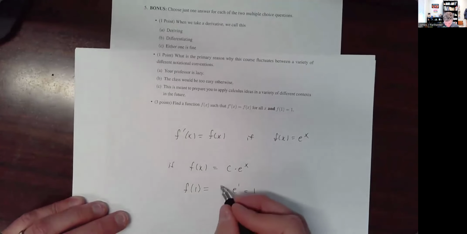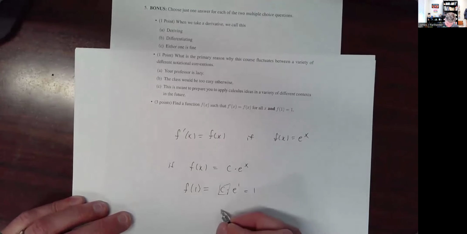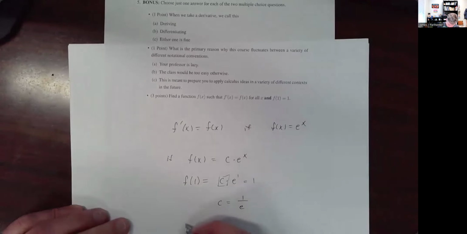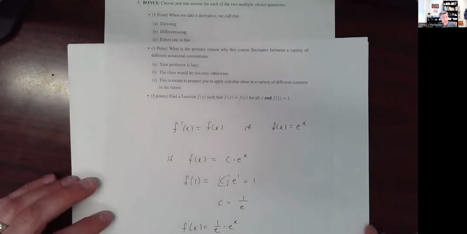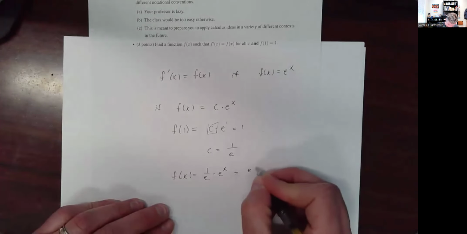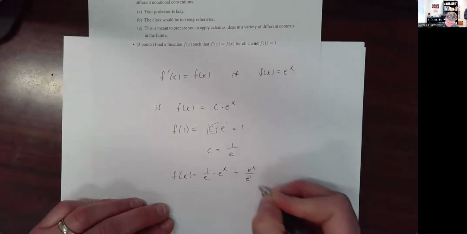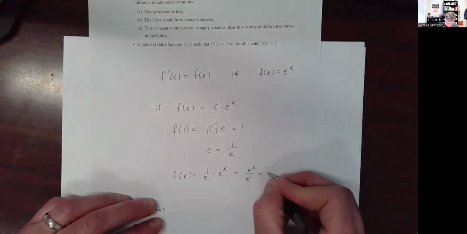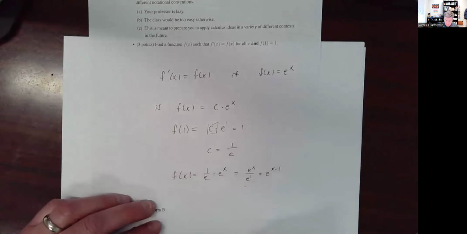If I solve for this constant, that constant is equal to 1 divided by e to the 1. So really the function I'm looking for is f of x equal to 1 over e times e to the x. Or if you want to be fancy, that's e to the x over e to the 1, and then you can subtract those powers and say it's e to the x minus 1.